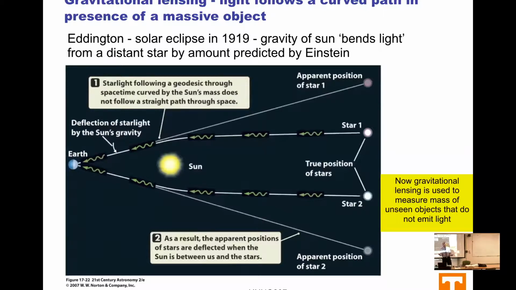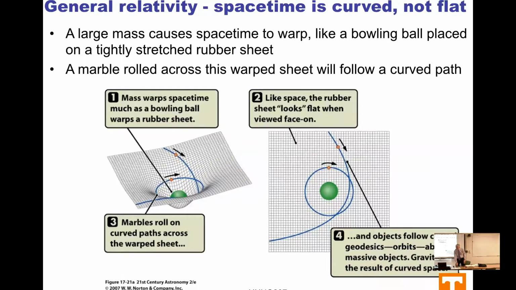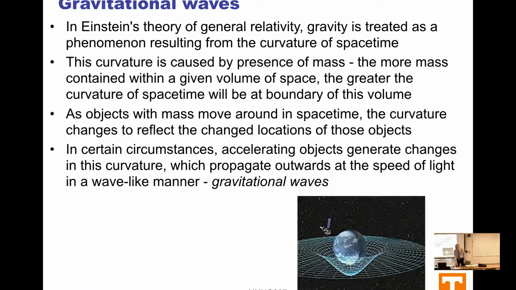That was a sensational discovery. It proved that space was curved around a massive object. It proved that Einstein was correct. It proved that general relativity was correct. And Einstein became a rock star, so to speak, overnight in the popular press. And so general relativity was verified.